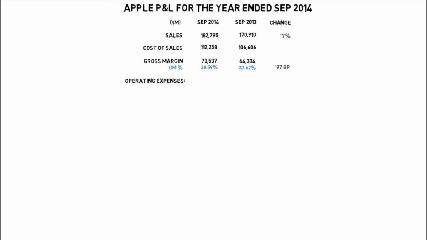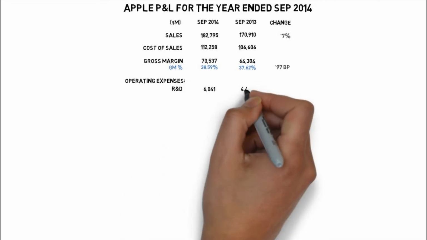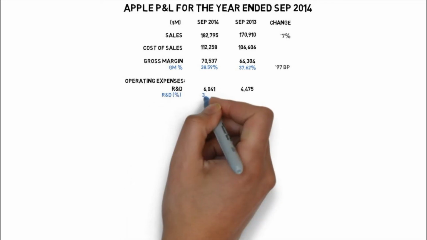Next, we find the operating expenses. These represent the indirect costs of doing business. First one here is research and development costs, or R&D. We can see that Apple spent a massive $6 billion on R&D this year. Quite an impressive figure. Again, analysts will tend to look at these costs as a percentage of sales.